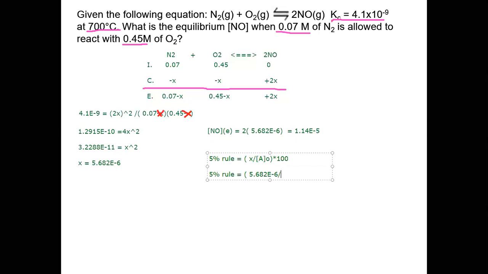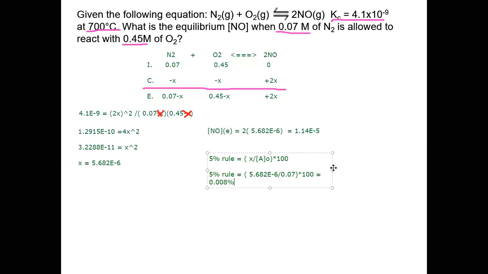Initial concentration is 0.07, times 100. And we get about 0.008%. So the approximation was valid here.